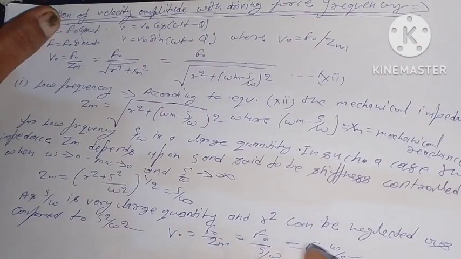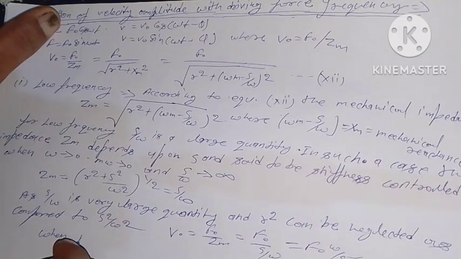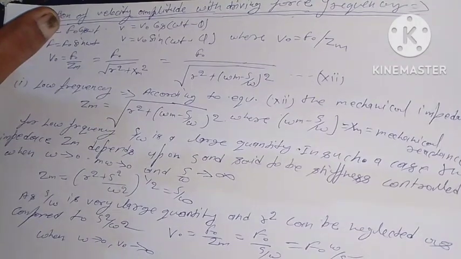When omega tends to 0, then V naught tends to 0.